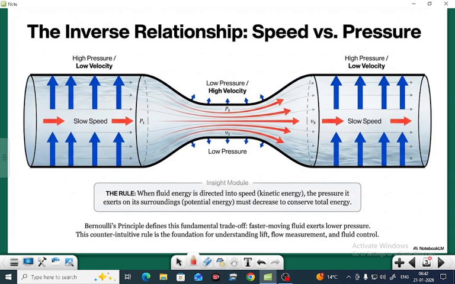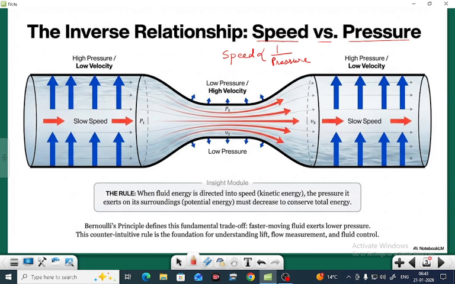The inverse relationship is speed versus pressure. I already told you, when the speed is more, pressure is less. Inverse relationship, that is, speed is directly proportional to 1 by pressure. What is the meaning? It is inversely proportional to pressure.